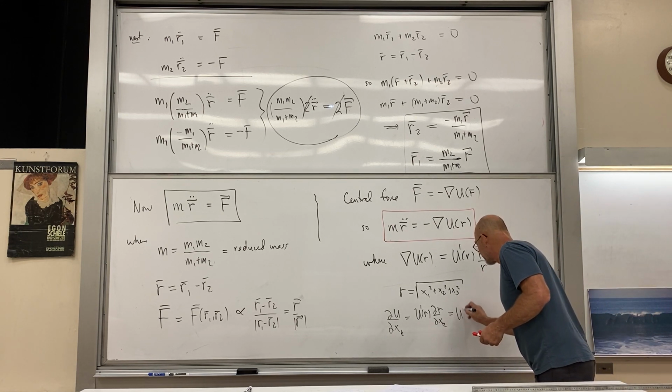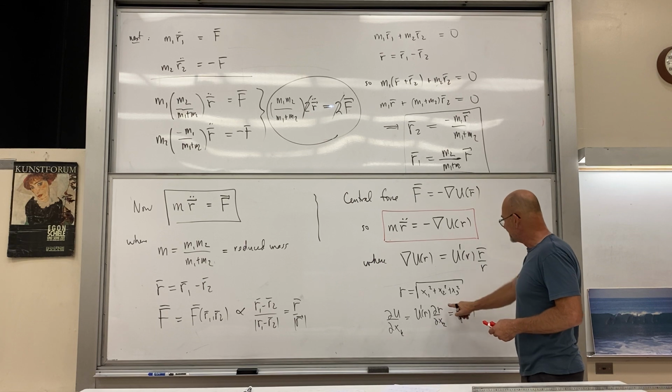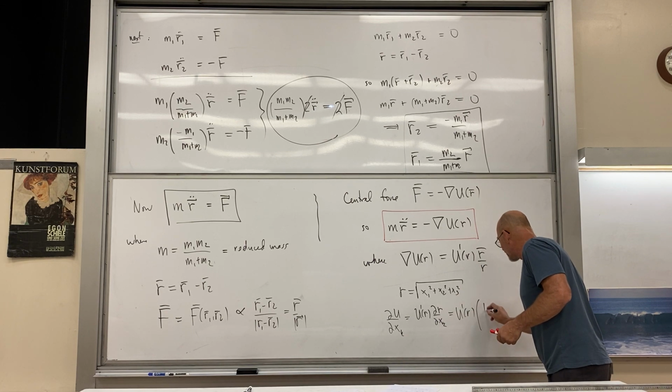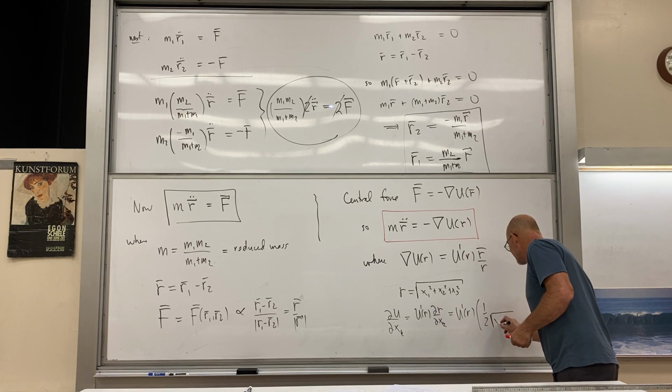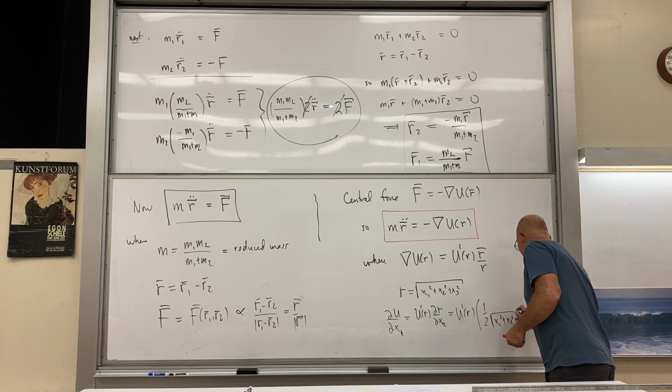Is going to be u prime of r, and then dr dx sub k is going to be 1/2 root x1 squared plus x2 squared.